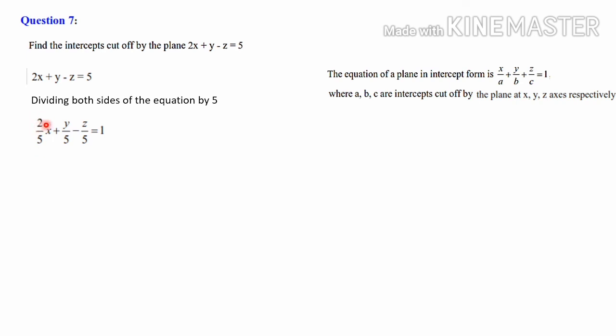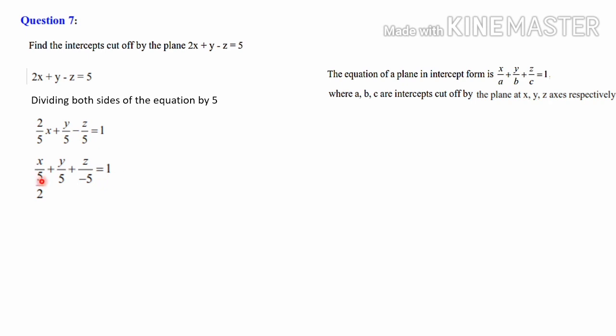Of course the numerator is 2. So we have to go for a little bit of rearrangement: x divided by 2 by 5 we can write as x by 5 by 2, plus y by 5, no problem. Here a little adjustment, because we need a plus here. So to get plus, just bring that minus to the denominator, that is z by minus 5, equal to 1.